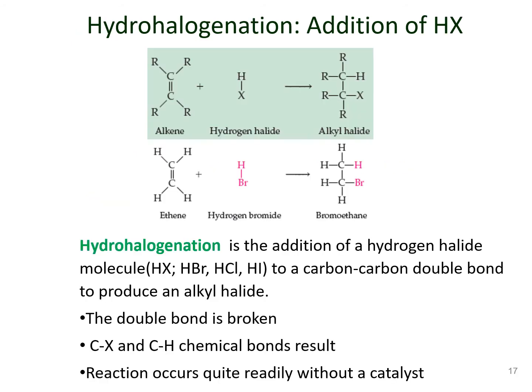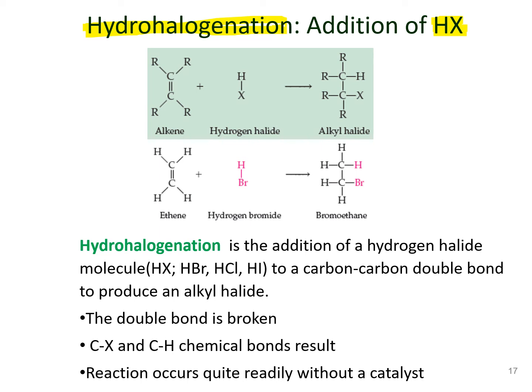Next up is the reaction that is known as hydrohalogenation. In hydrohalogenation, we add a hydrogen halide, which is represented by this HX. This hydrogen halide has got one hydrogen and one halide, which can be chlorine, bromine, any of the halogens.